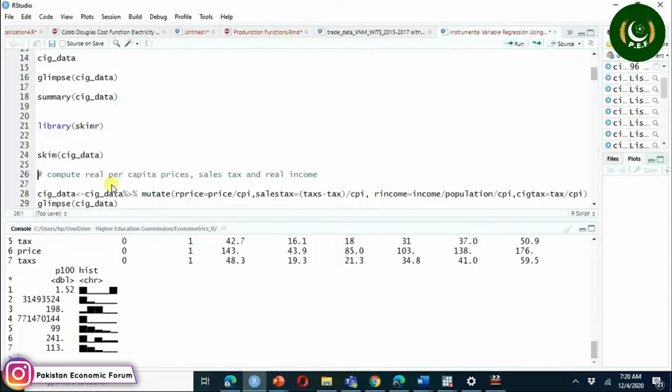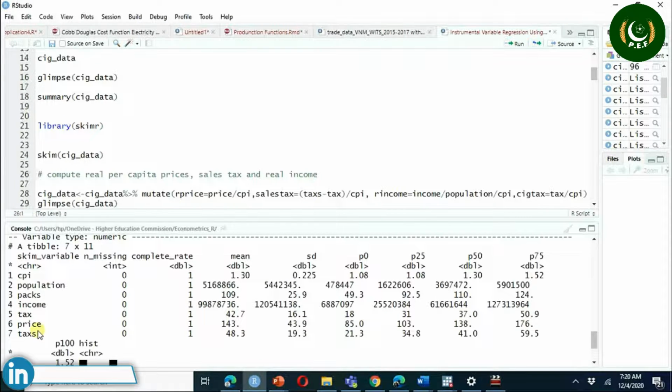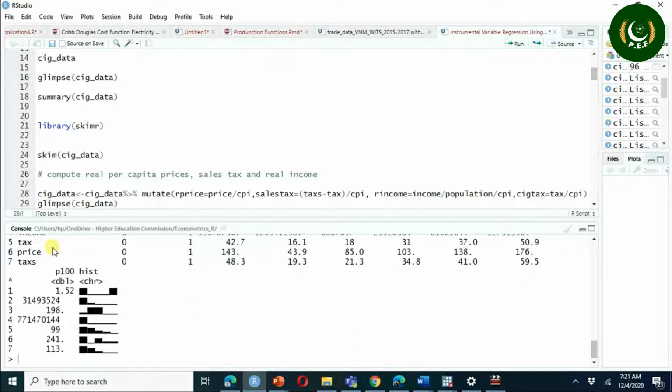This is a library which provides each variable. You have 7 continuous variables here, with mean, standard deviation, 0th, 25th, 50th, 75th percentiles, and their histograms as well. You can explore it.